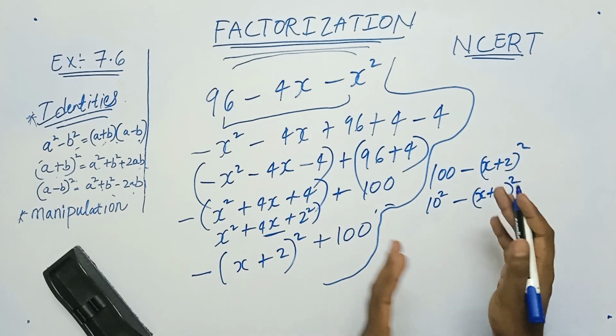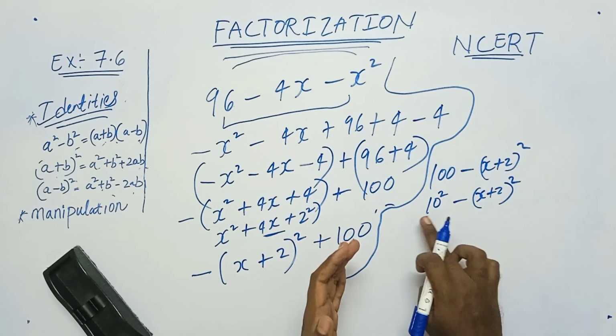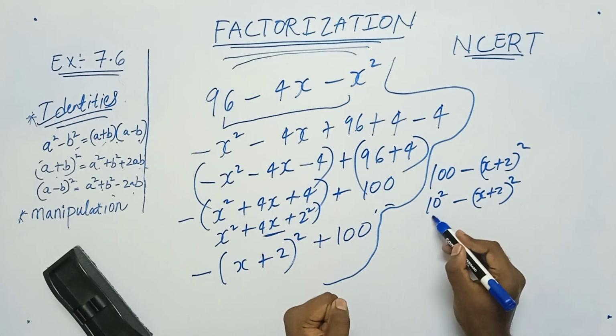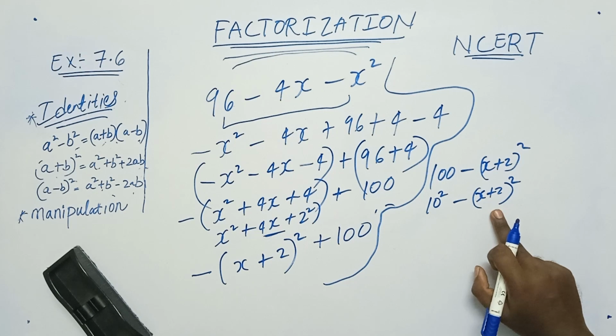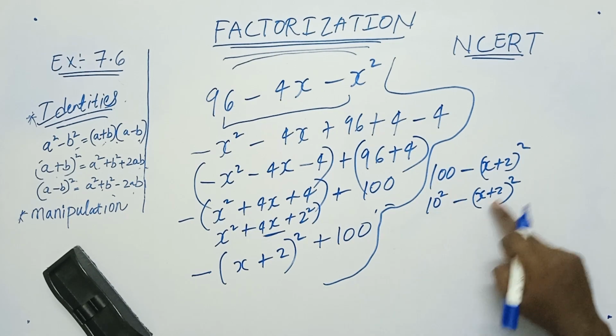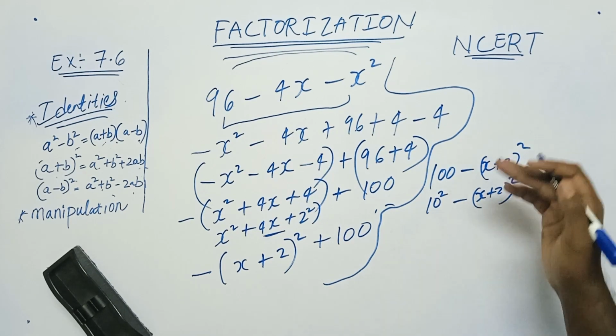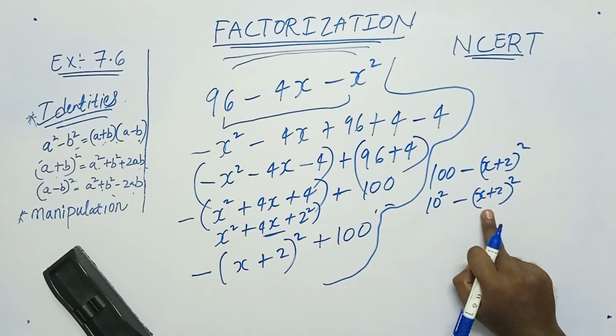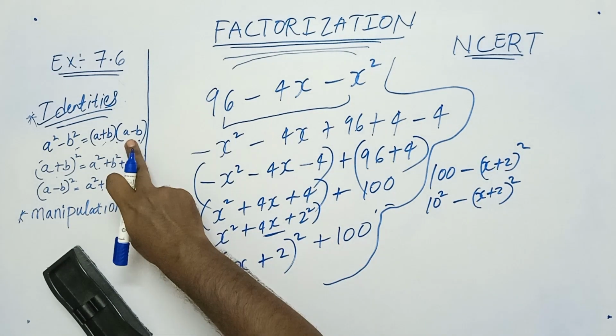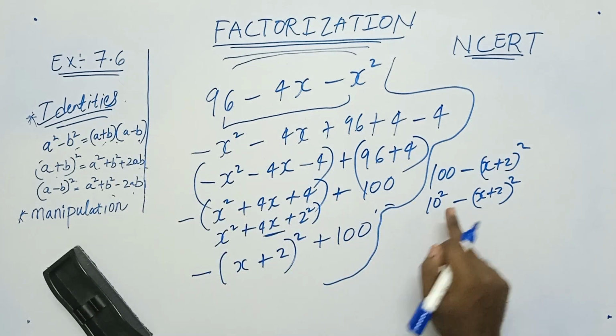That means this expression resembles a square minus b square. If I take 10 as a and this term as b, it resembles a square minus b square. Both terms are squared. So now we have to make this expression equal to (a plus b) into (a minus b). What is the a value?